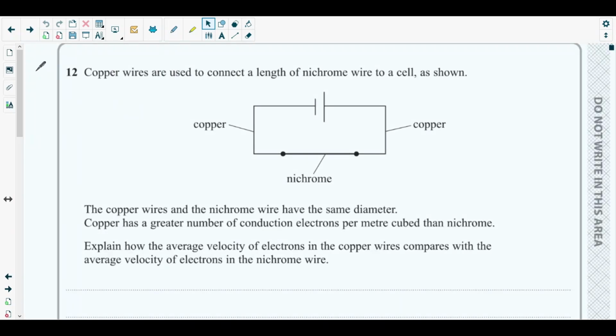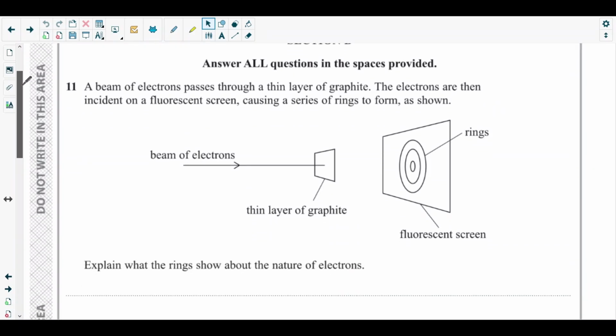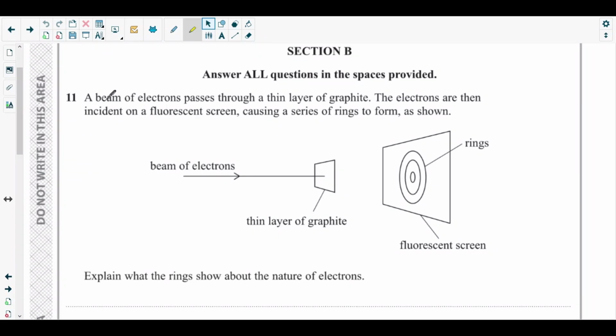Okay, so here in question number 11, the question says a beam of electrons passes through a thin layer of graphite. So a beam of electrons, they are passing through a thin layer of graphite. The electrons are then incident on a fluorescent screen, causing a series of rings to form as shown.